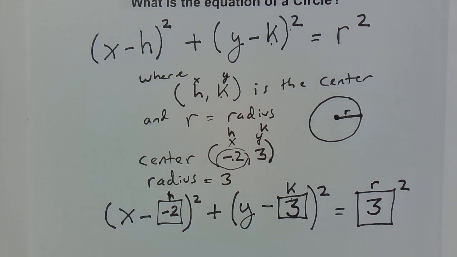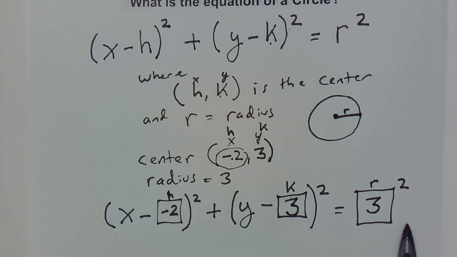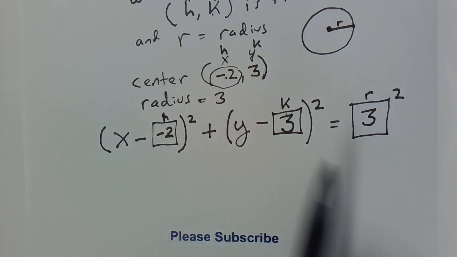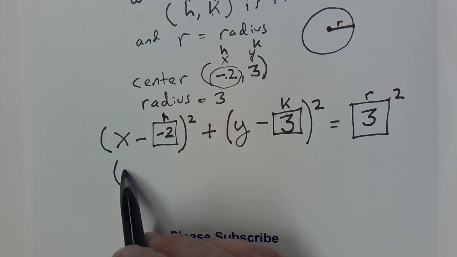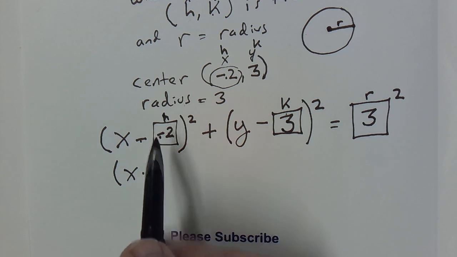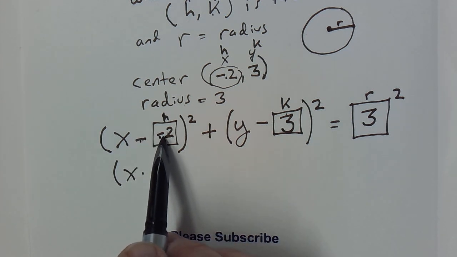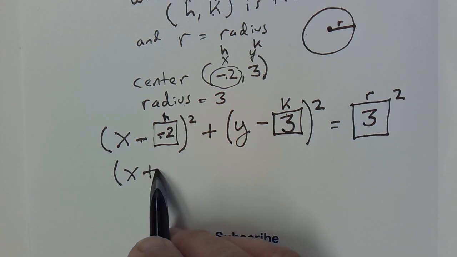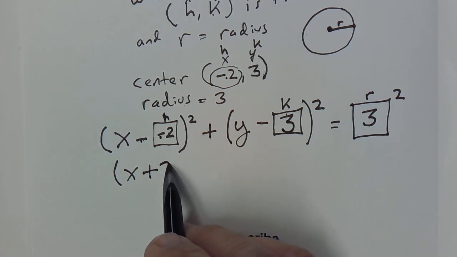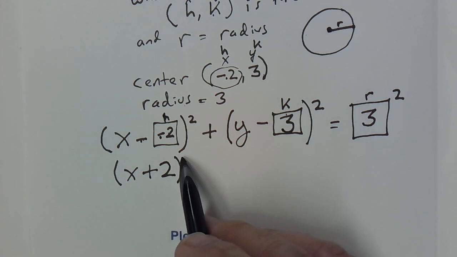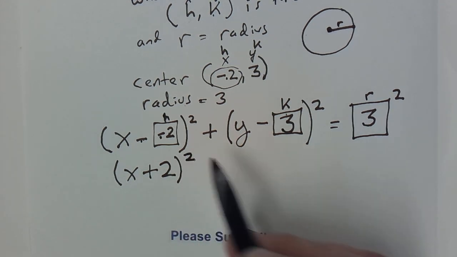So let's clean this up now. We've filled in the numbers, and we can go ahead and clean it up. I'm going to rewrite this: x, and I've got a minus of a negative, a double negative, so that becomes a positive. If I subtract a negative, it becomes a positive, x plus 2, in parentheses, and I square that.